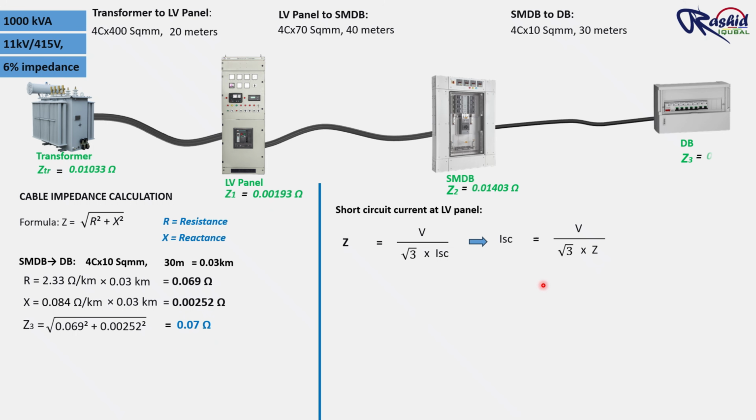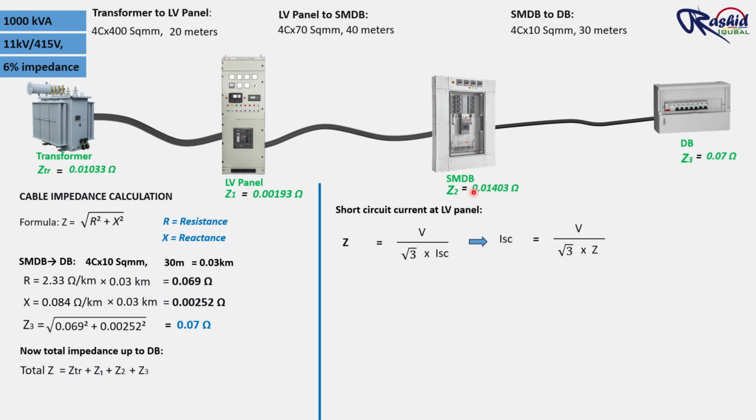Now we need to find total impedance up to DB, means from transformer to DB. So we need to calculate all impedance like transformer impedance, previous cable impedance from transformer to LV panel, and from LV panel to SMDB, and from SMDB to DB. So the total Z equal to ZTR plus Z1 plus Z2 plus Z3.